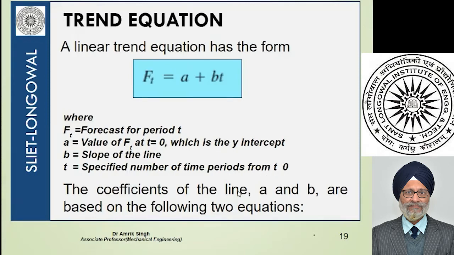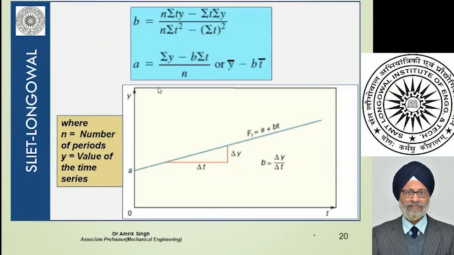The coefficients of the line, a and b, we can calculate by the formula which is mentioned below. So you see a is equal to sigma of all y's minus b sigma t upon n, or y bar minus b t bar.